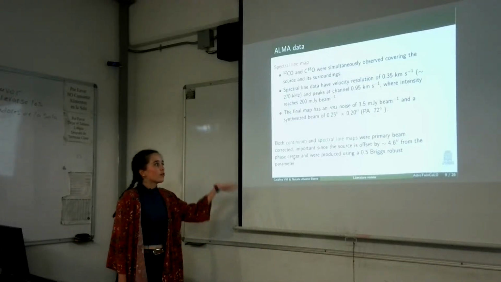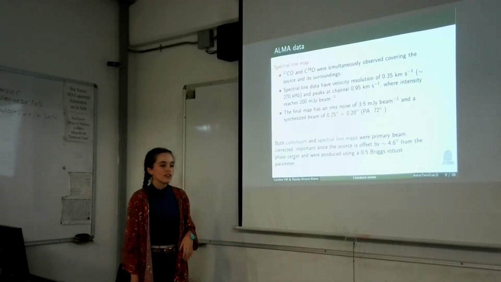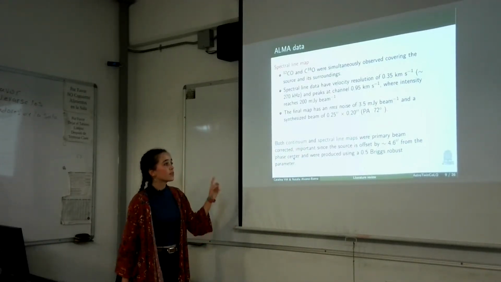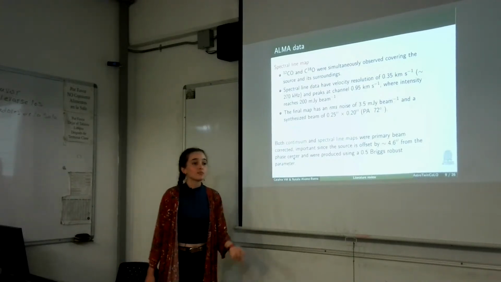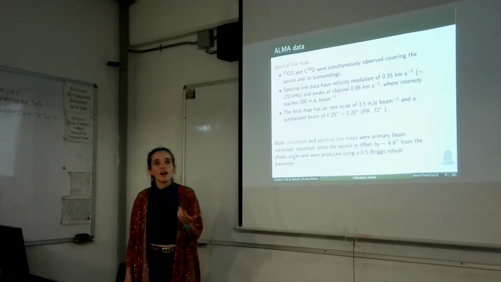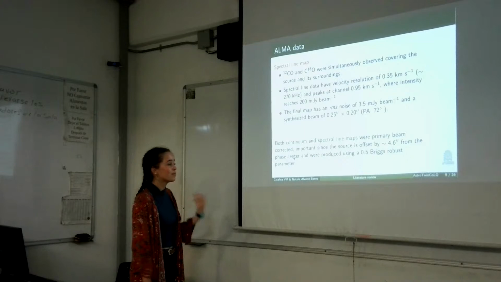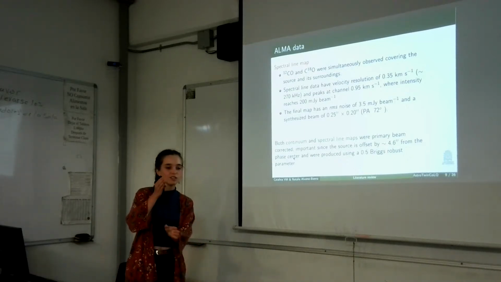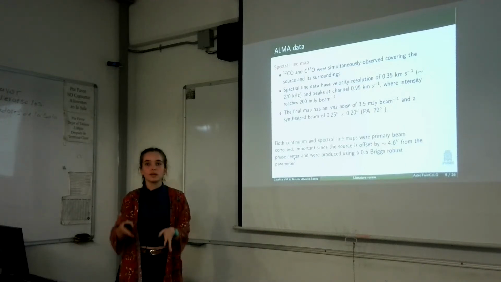And of course, as I told before, it has a pretty small noise, and its continuum and spectral line maps had to be corrected because the source was a little bit offset from the observation itself.